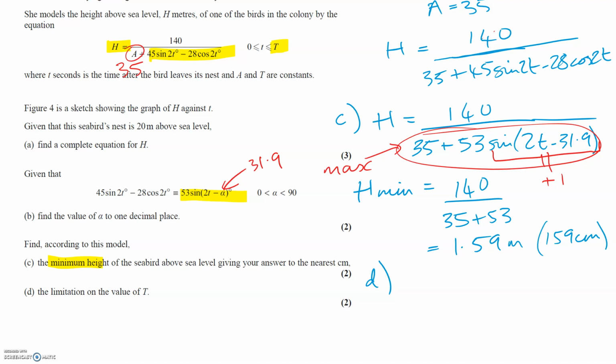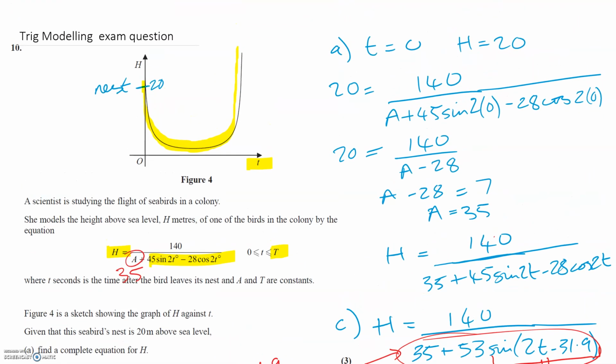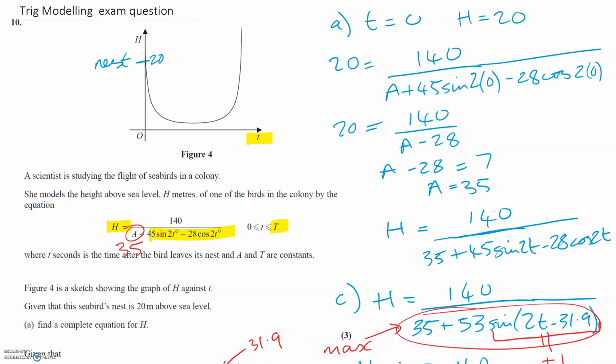Now if we go back to the graph right at the top here, back to the bird's flight, you can see that the model will work fine for the time all the way down here, but there will come a time where this graph will tend to an asymptote, because the gradient will be vertical.